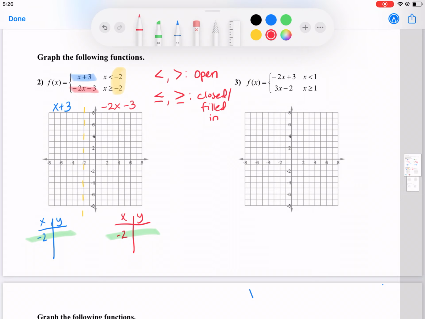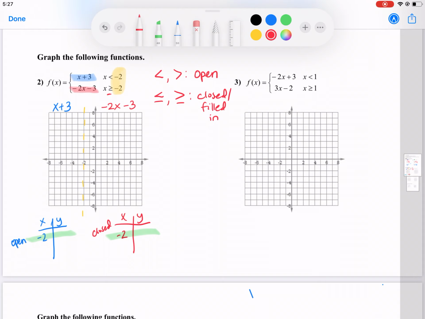And I'll show you what I mean by that, but we're going to go ahead and indicate which one's which right now. So on the top one, the x plus 3, x is less than -2. Since it's not equal to, that means it's going to be open. While on the bottom one, it says x is less than or equal to, so we have that equal to symbol, meaning this one is going to be closed.